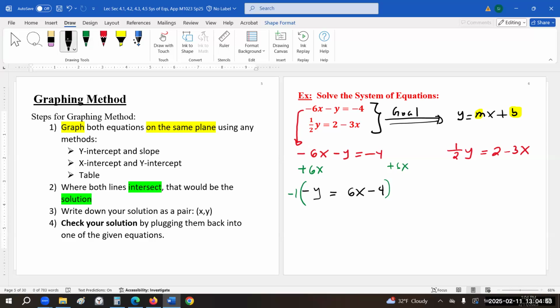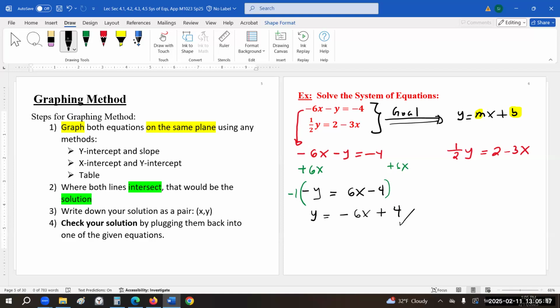When you multiply or divide by -1, all the terms change their sign. So y turns into positive, 6x turns into negative, and 4 turns into positive. So we got our first equation.